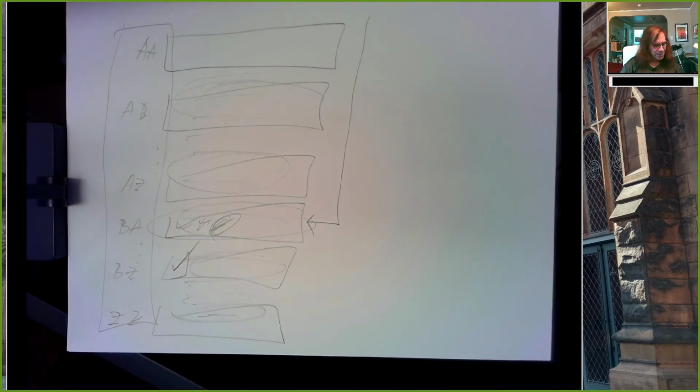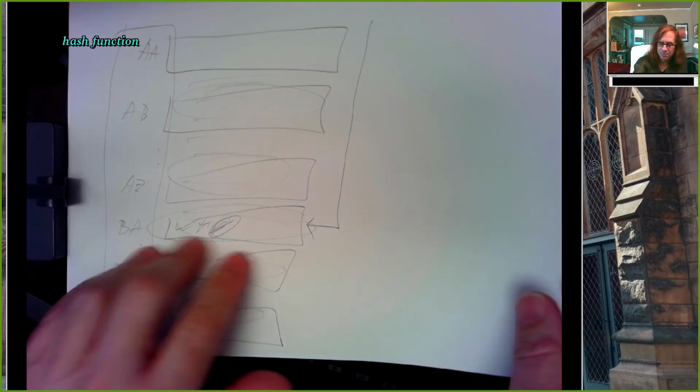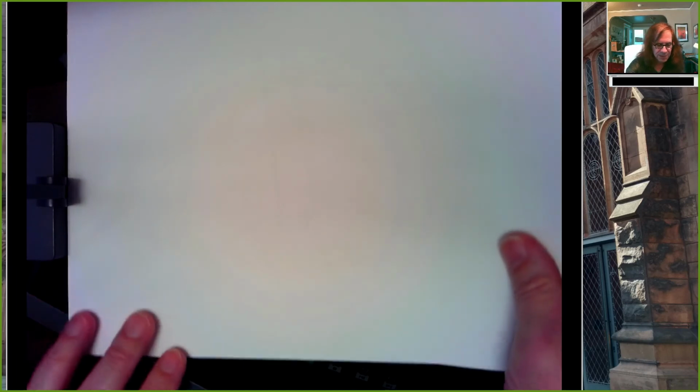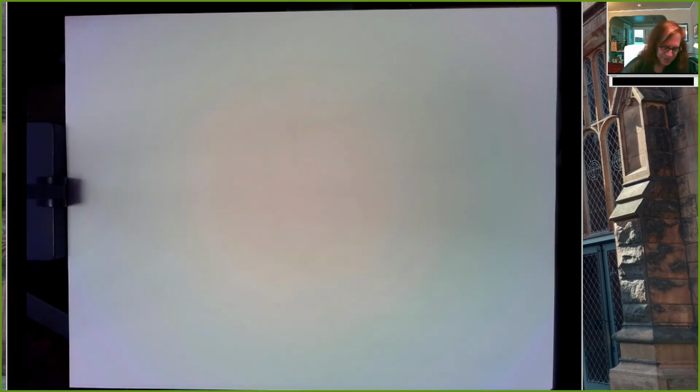All right, so how do we know where to find that information? It's a mathematical function. There's a thing called a hash function, and let me just call this function h.